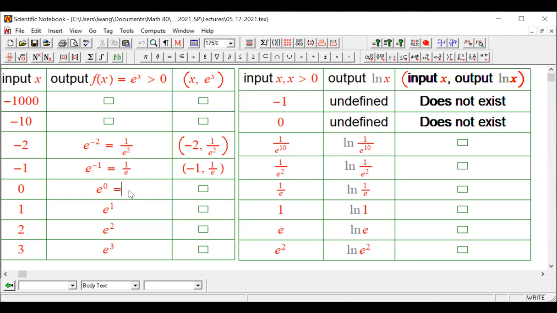You just estimate. Try to learn how to estimate. 0, 1. And over here is 1, e, 2, e squared. So we get these points. The last one on this side is 3, e to the power 3.